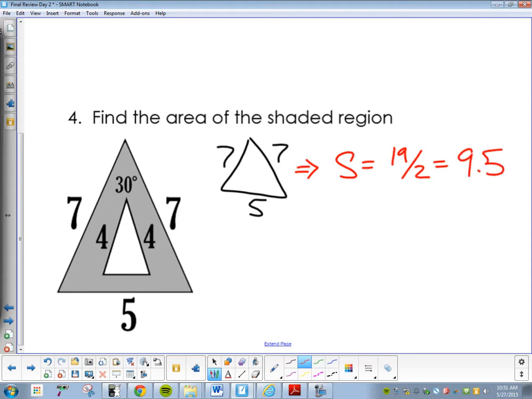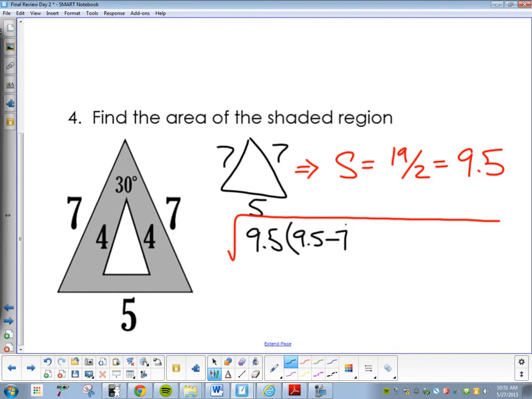My semi-perimeter is 9.5. Then I would plug that into Heron's formula. It's going to look like this: 9.5 times (9.5 minus a side) times (9.5 minus another side) times (9.5 minus the third side).